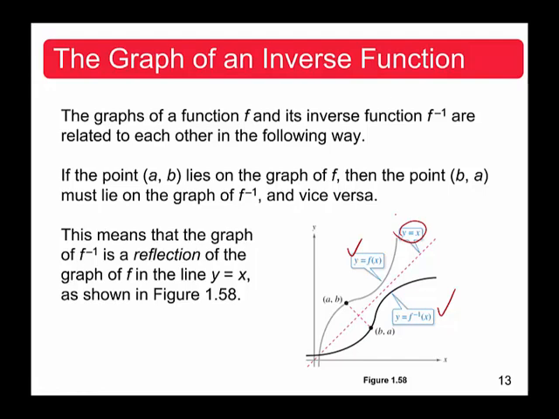Every point (a, b) that lies on the graph of f means that (b, a) must be located on the graph of the inverse function, and vice versa. So x becomes y, y becomes x, which is exactly the identity function, x equals y.